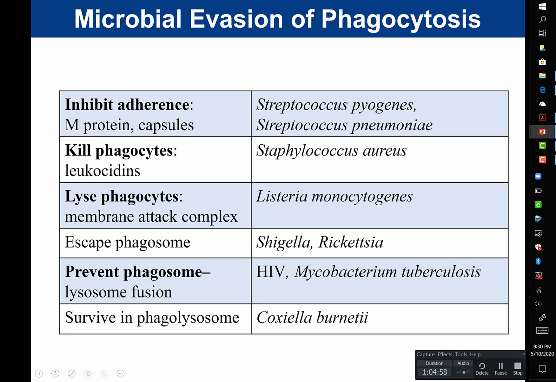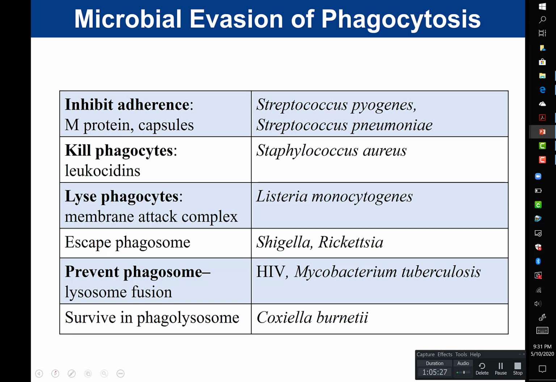One of the things that you're going to see is that your immune system targets microbes by forming a membrane attack complex, and it causes destruction of bacteria, for example. But certain bacteria have also evolved to produce this membrane attack complex and then use it against us. And so it would cause lysis of the phagocytes.